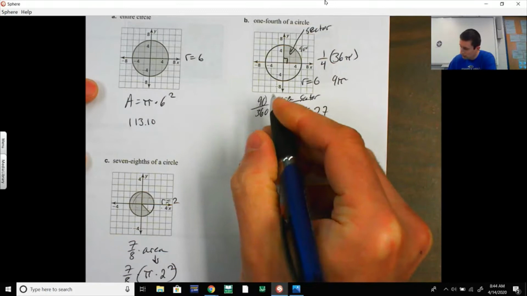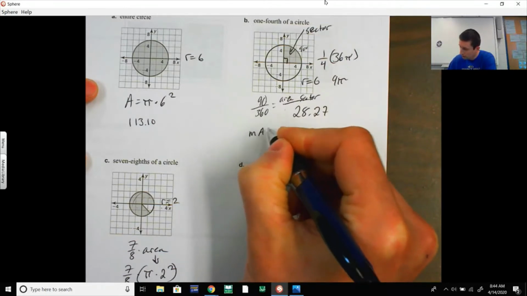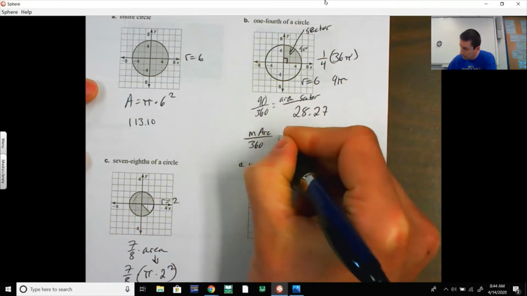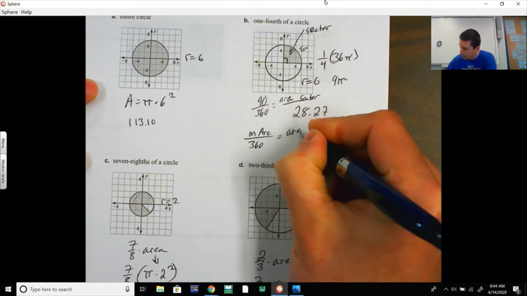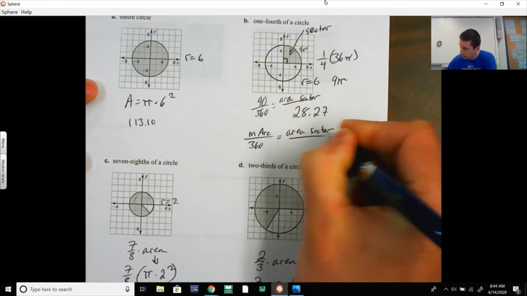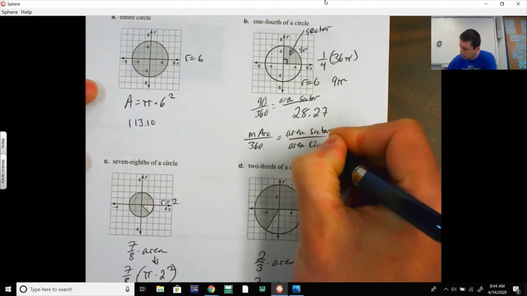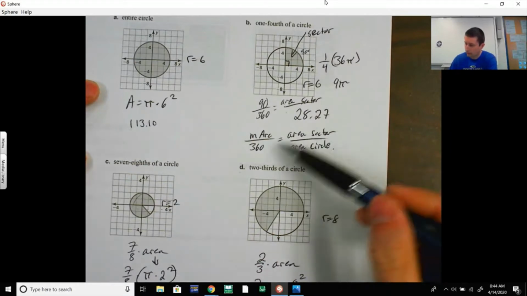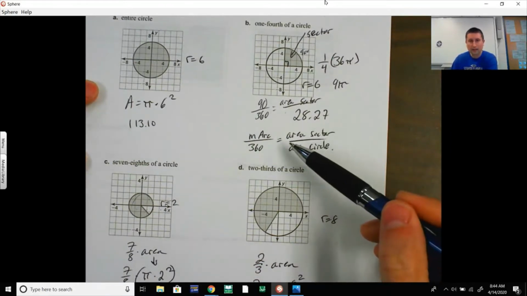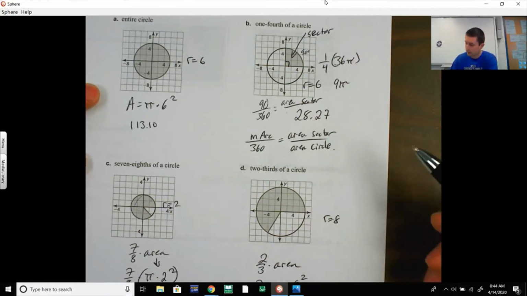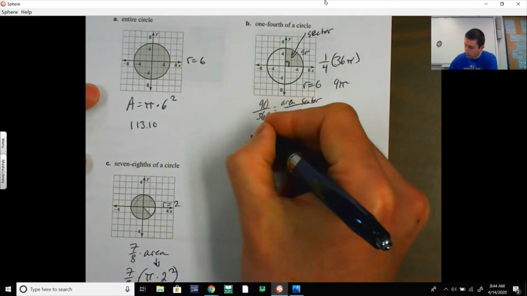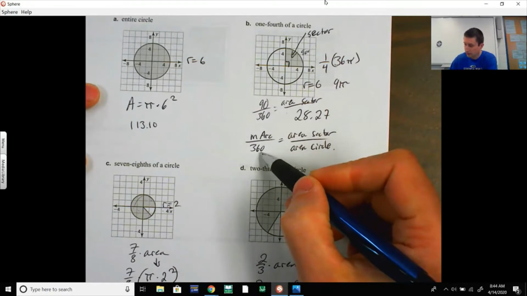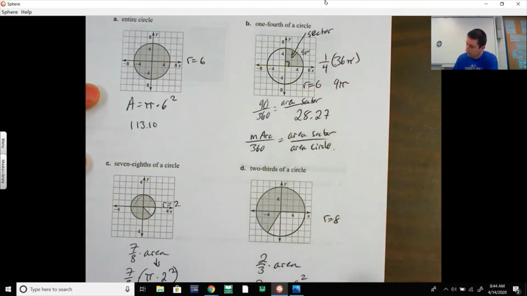So the measure of the arc over 360 has to equal the area of the sector over the area of the circle. And that's our common proportion that we're going to see all the way through this. From that, we can plug in the numbers that we have and look for the ones that we don't. The measure of the arc, or remember, that can be the central angle, over 360 equals the area of the sector over the area of the circle.